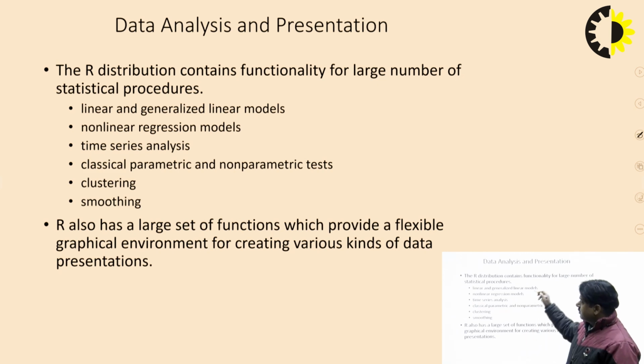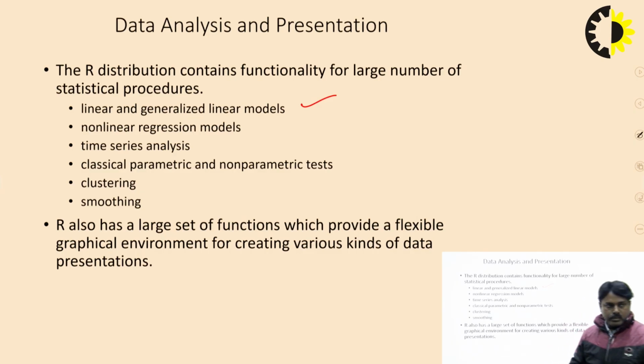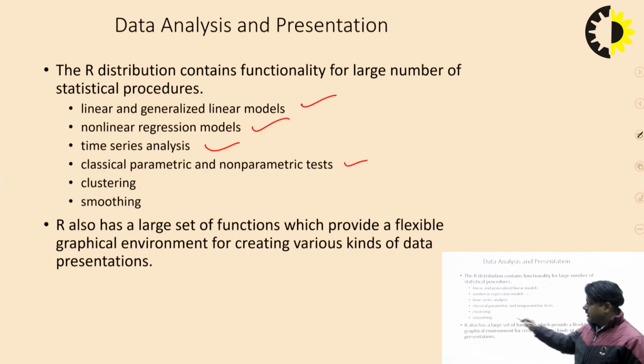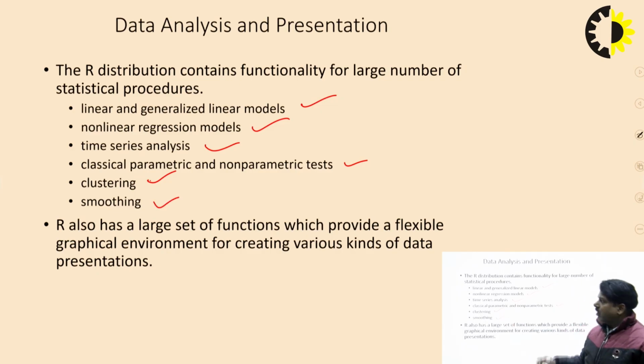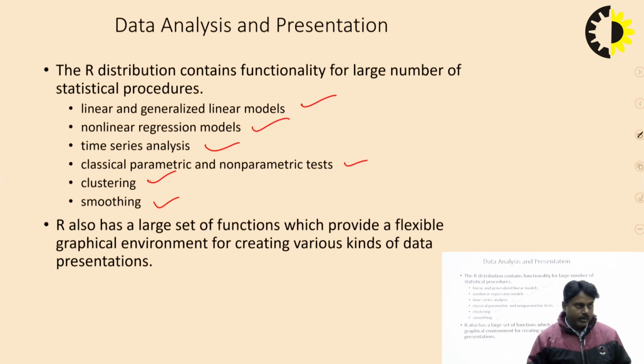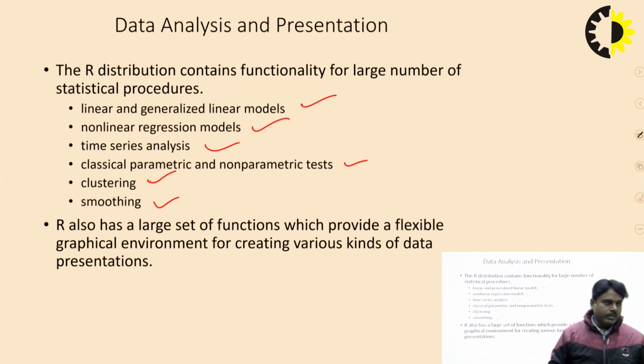That has been mentioned here: linear and generalized linear models, non-linear regression models, time series analysis, classical parametric and non-parametric tests, clustering, which is one of the important features of data analysis, and smoothing. So all these features are there in R programming that can be utilized here for presentation.